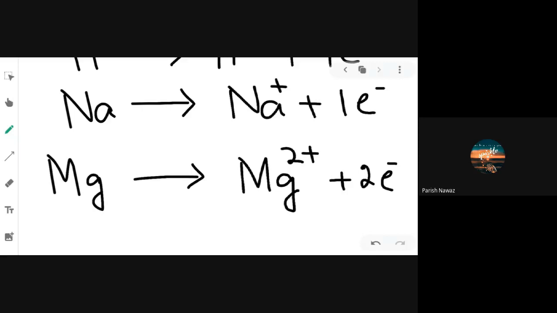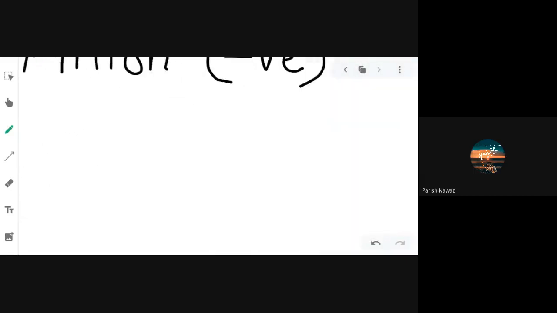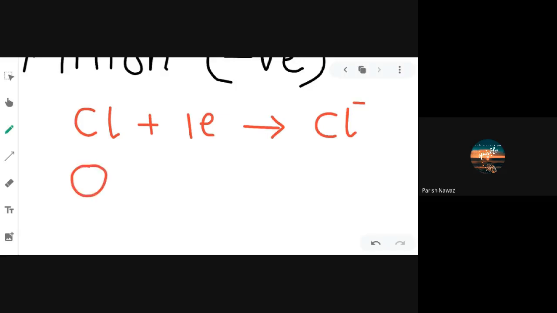But there is a difference in the case of negative ions. For example, if you have chlorine, chlorine is in group 7 of the periodic table and its valence is 7. It needs one electron, therefore it will accept one electron, and because it is accepting one electron, it will form one negative ion. Then you can see we have oxygen.